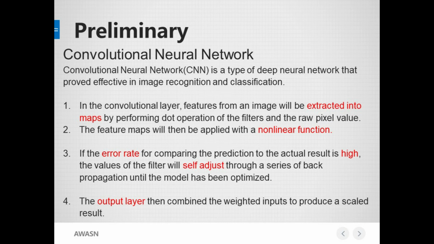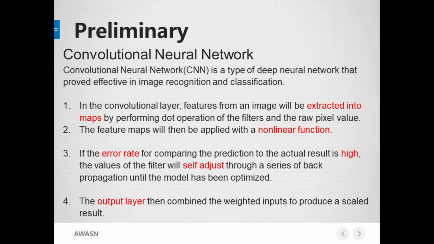In the convolutional layer, features for an image will be extracted into maps. After that, a nonlinear function will be applied to preserve non-negative values, and the result will be passed to the pooling layer. What the pooling layer does is reduce the size and dimension of the feature maps, leaving the most distinguishable features.